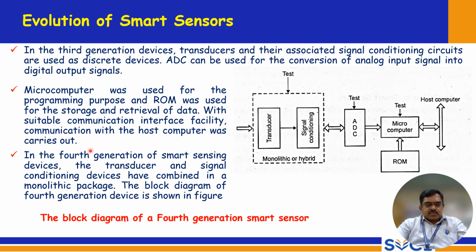Communication with the host computer was carried out. In the fourth generation, shown here, the transducer and signal conditioning devices have been combined in a monolithic package. The block diagram of this is shown here. The transducer and signal conditioning unit are combined as a single unit, a single component, and that is the development that took place towards the fourth generation.